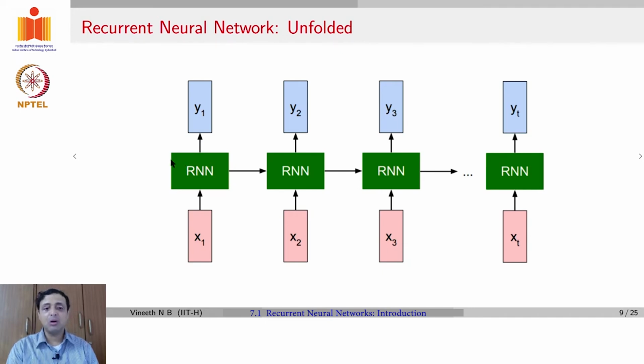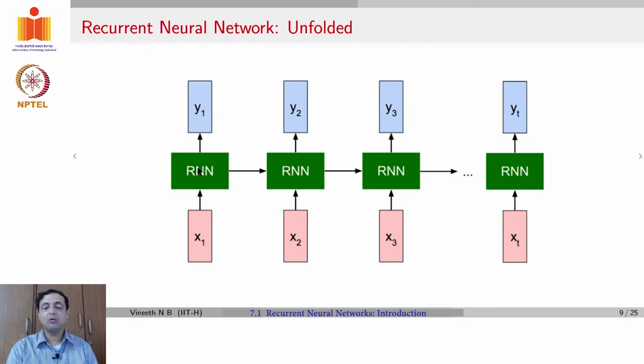This RNN block could be a single hidden layer, could be multiple hidden layers, could have skip connections, or could have any other architecture inside this block. But we're going to look at that as one single abstraction. And the output of that RNN is the output of the model at that time step.